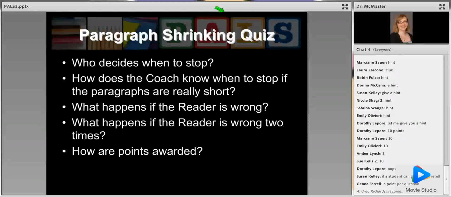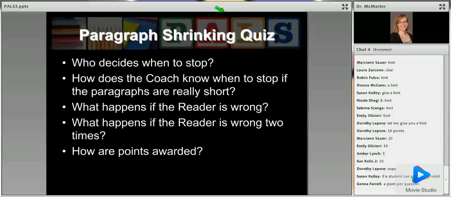It's okay. So just to review, for retell, the students are retelling all of the details in sequence, and they can get up to 10 points. It's their decision if they feel like they did a really good retell. But for paragraph shrinking, they'll just get 1 point for each question. So name the who or what, they get a point. Name the most important thing about the who or what, they get a point.